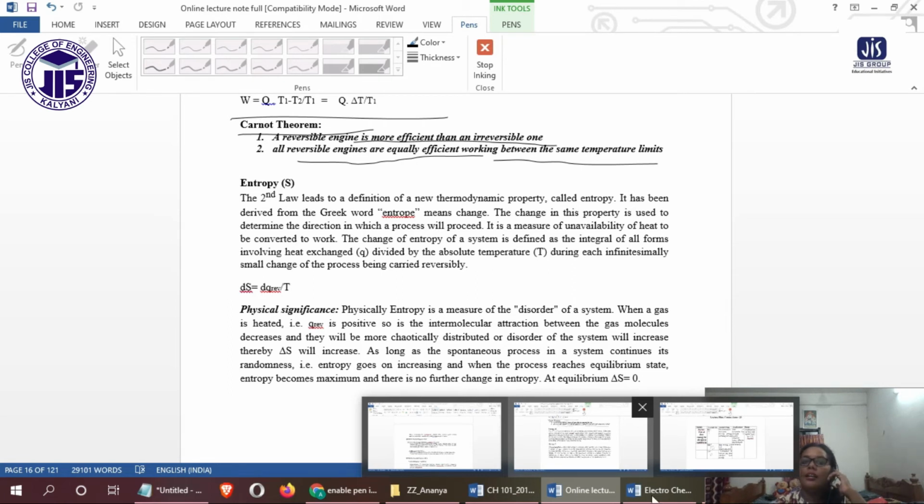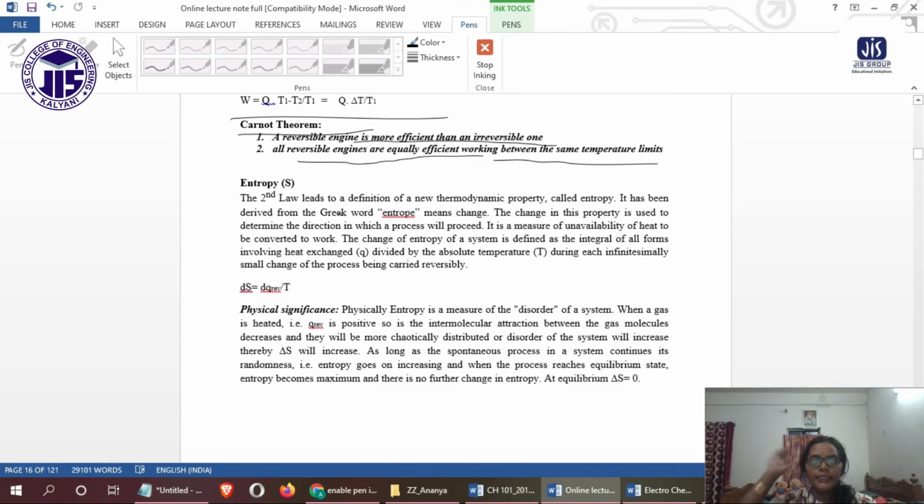Now the second law leads to the definition of a new thermodynamic property called entropy. It has been derived from the Greek word entropy.